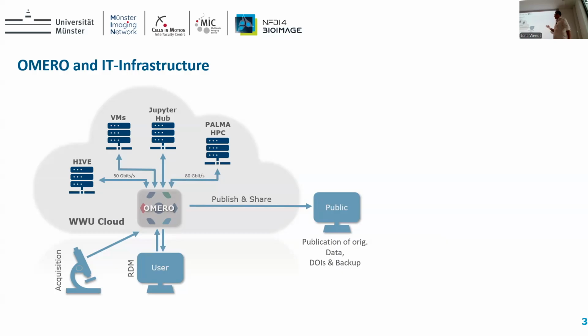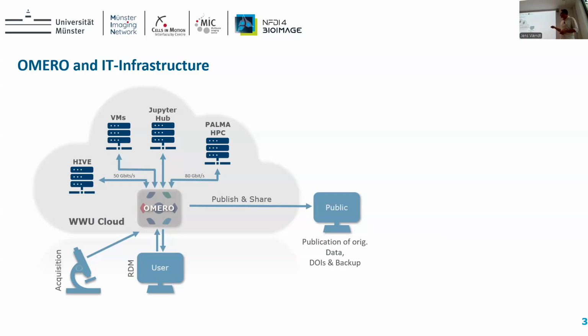We can make raw data available for publications to reviewers or directly out of Omero, and we take care of backup and so on. This is possible because the university and the library provide the data safe for public data, where we store the data for 10 years and curate it. This is also saved within the university cloud, so we have the data anywhere already at this point.